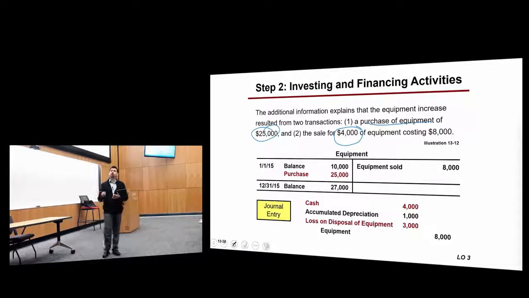What about the sale of that equipment? How much did the company actually receive in return for that? 4,000. They sold it for 4,000. This is the amount of cash the company received, so this is the cash inflow.